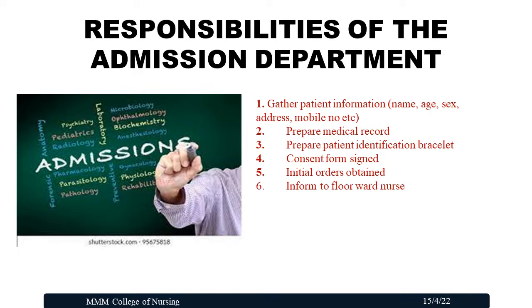The responsibility of the admission department: before the patient enters the respective ward, the patient should finish the formalities in the admission department. What are the responsibilities of the admission department personnel? The responsibilities are to gather the patient information like name, age, sex, address, mobile number, etc., and prepare the medical record, the patient identification bracelet, and the consent form.